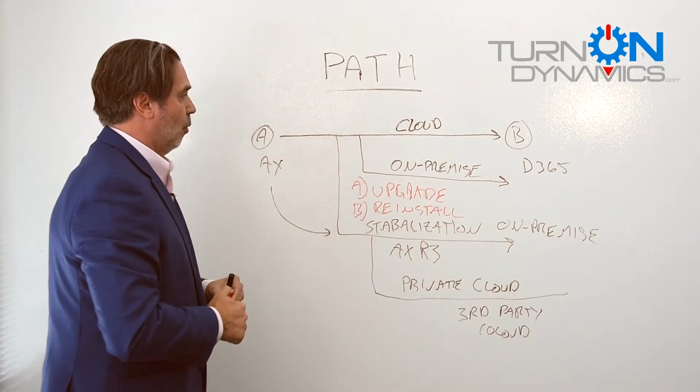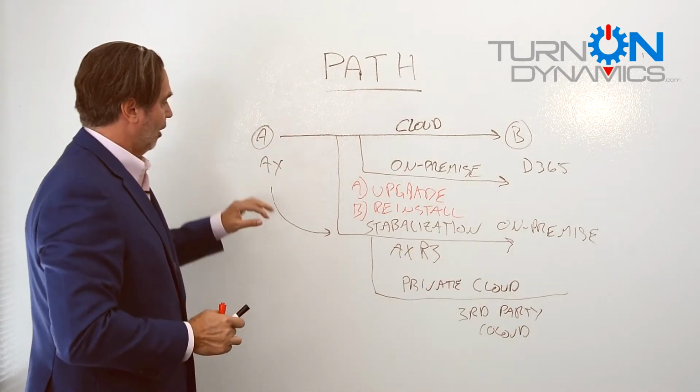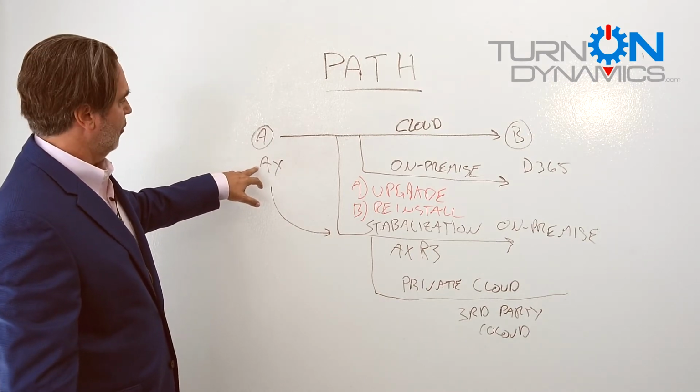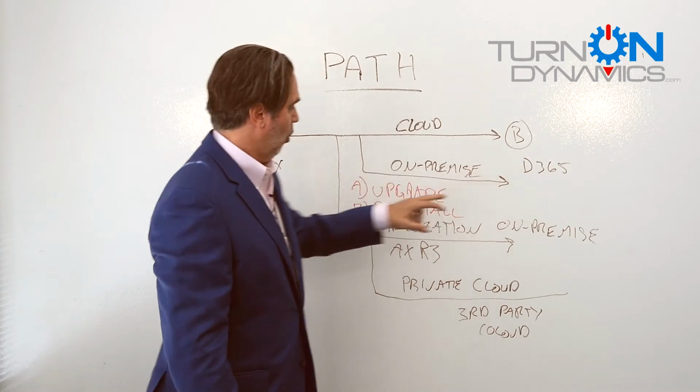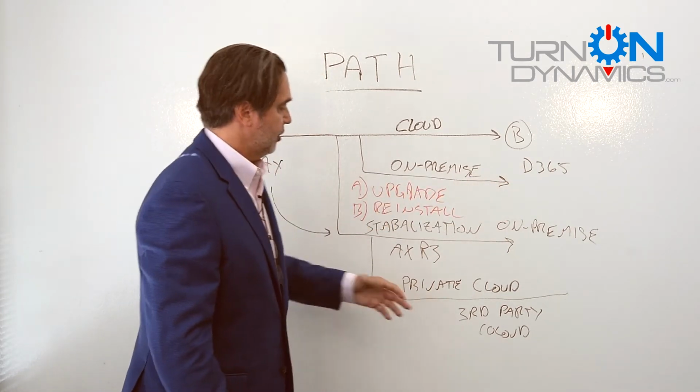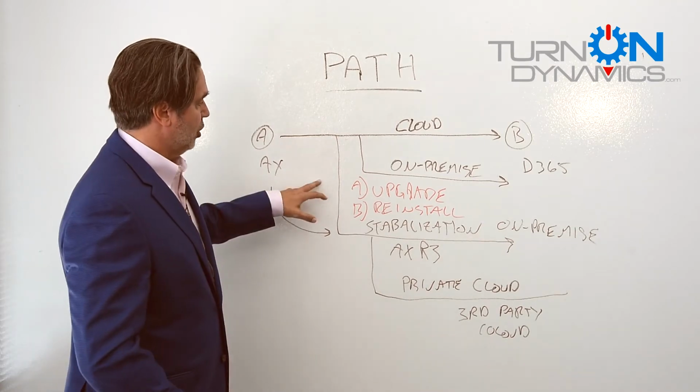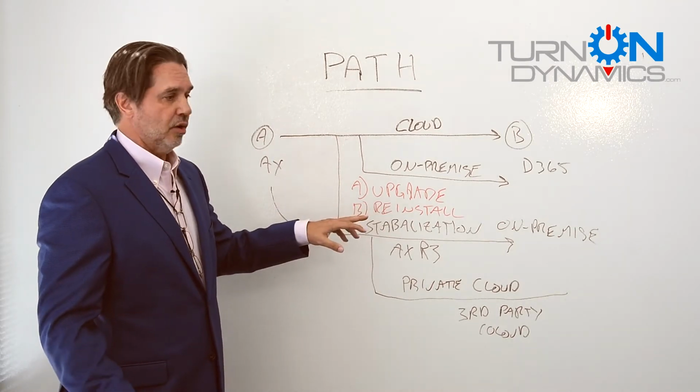So what we found out was there are a lot of existing versions of AX that can't do an immediate upgrade from here to there or from here to there. So the discussion becomes, do we do a multi-step upgrade or do we do a reimplementation or a reinstall?